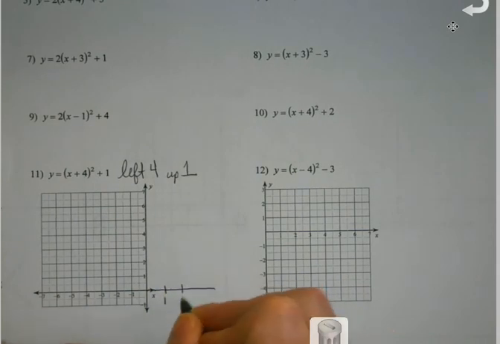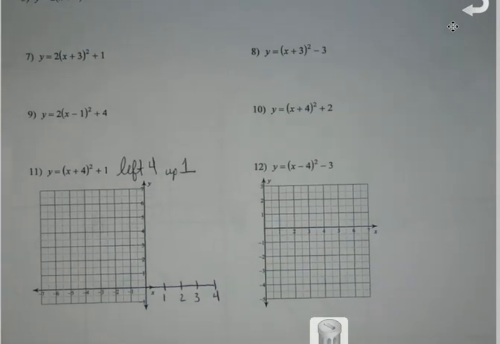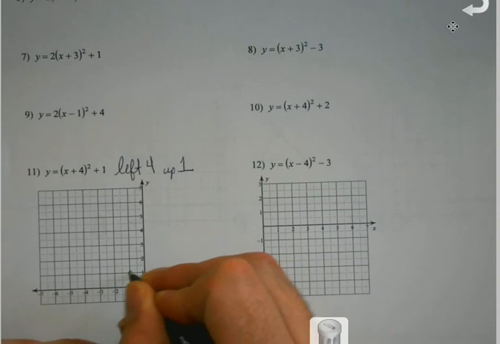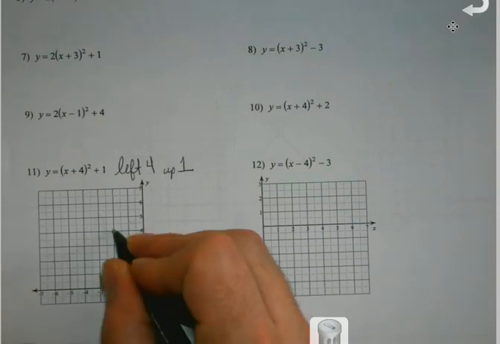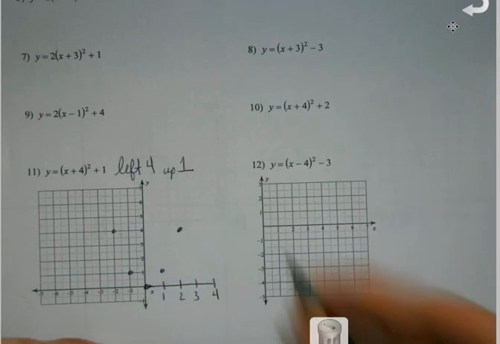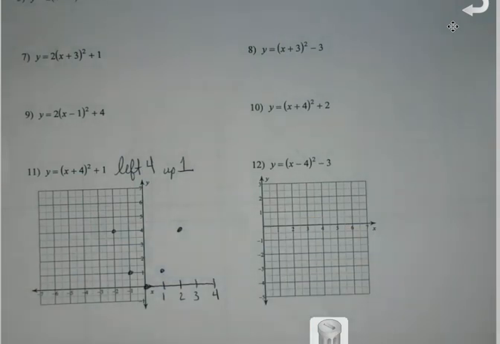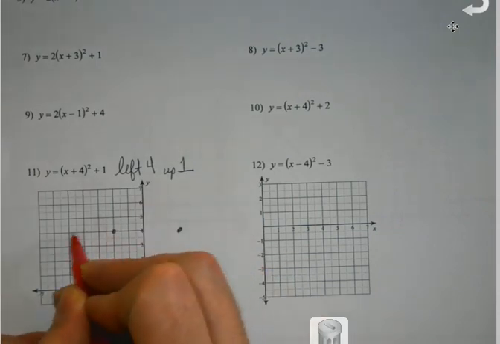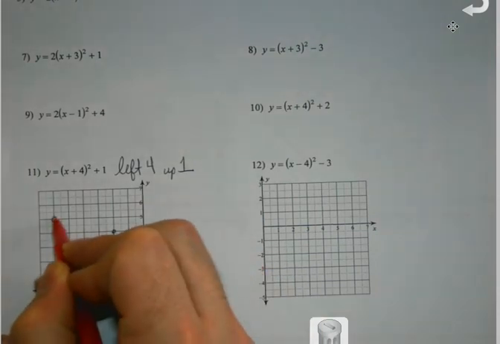I'm just going to give myself a little bit more room here to the right. I'll get my 1, 2, 3, 4 in. Because then I like my parent graph, I'm going to work with it. I'm going to go ahead and get those 5 dots in. And then I'm going to move them, just like I've been moving them all the other times. I'm going to move them left 4, and up 1.